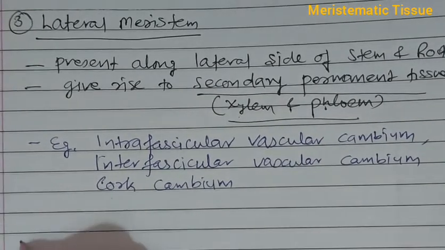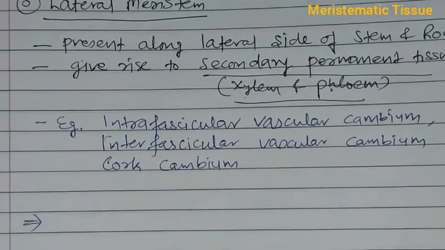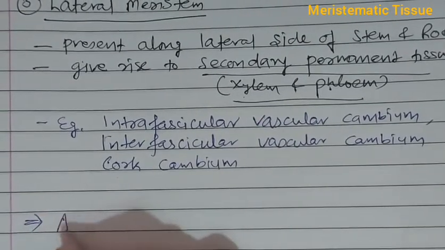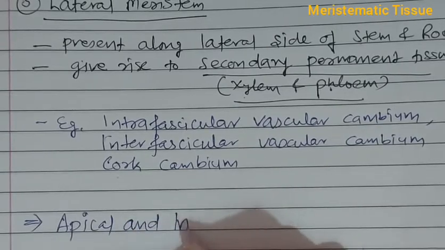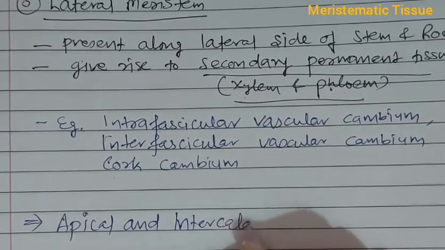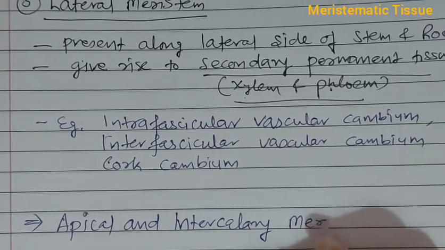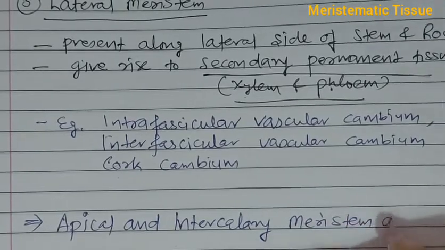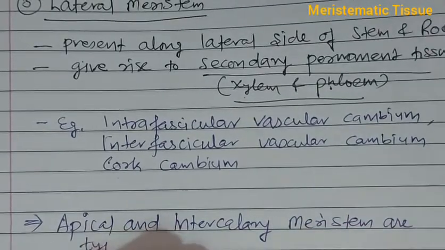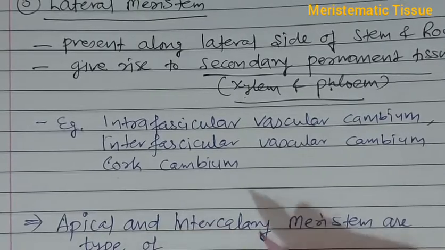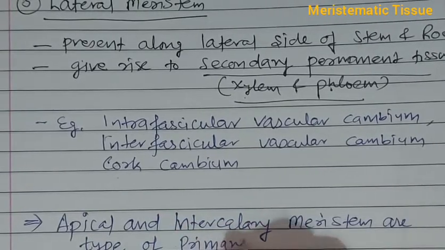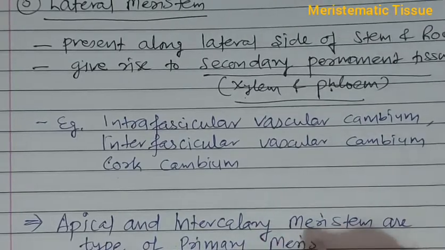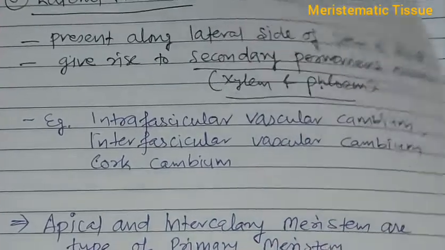So it indicates that apical and intercalary meristem are types of primary meristem.